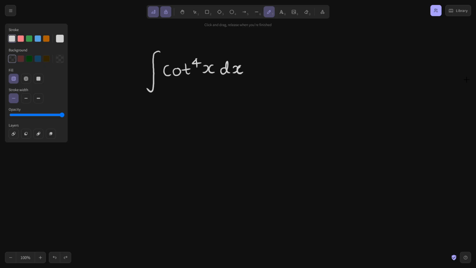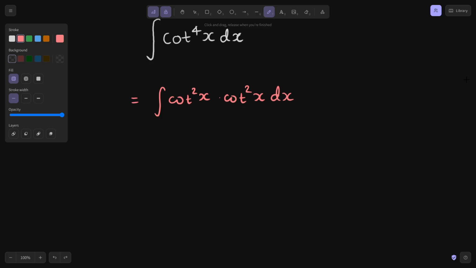Now in order to solve this integral, we are going to write this as cot²x times cot²x, because we anyhow need a derivative to move forward, and the derivative of cot x is minus of cosecant square, so we anyhow need that cosecant square term.